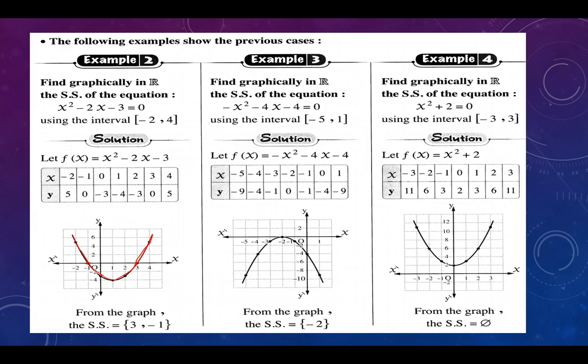You will form the following table: x from -5 to 1: -5, -4, -3, -2, -1, 0, 1. And y will be equal to -9, -4, -1, 0, -1, -4, and -9.